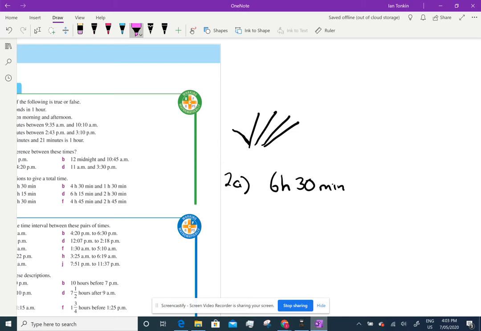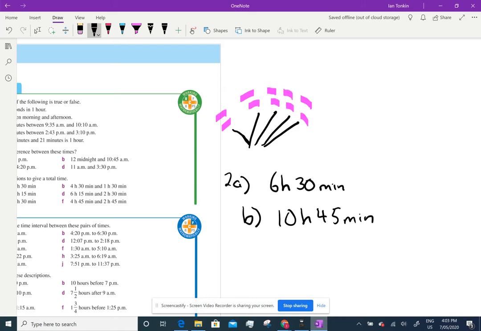So here I go again. 1 a.m., 2 a.m., 3 a.m., 4 a.m., 5 a.m., 6 a.m., 7 a.m., 8 a.m., 9 a.m., 10 a.m., and another 45 minutes. So B is 10 hours and 45 minutes. It's just a way of counting. You can use your fingers if you want.